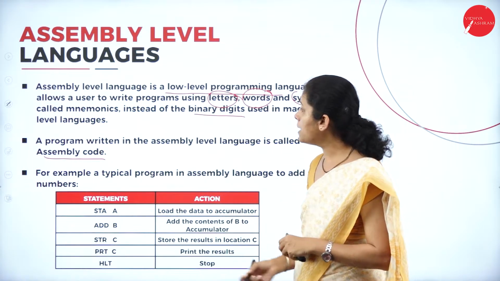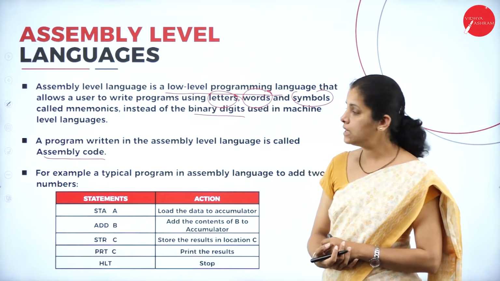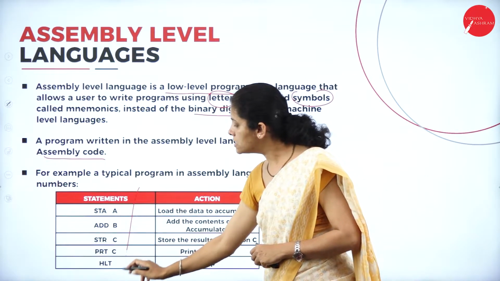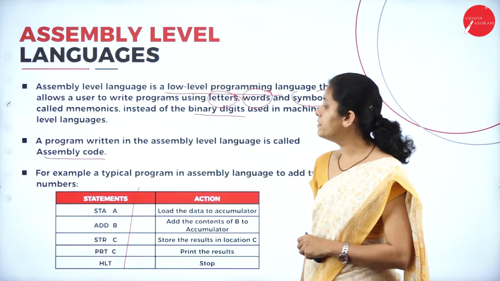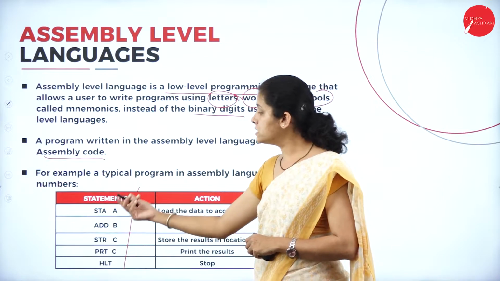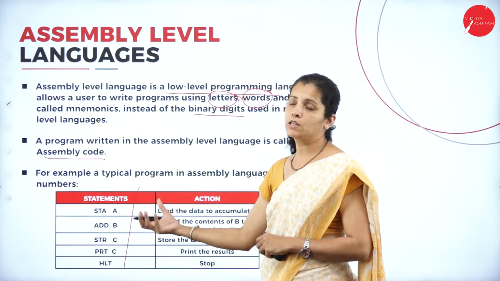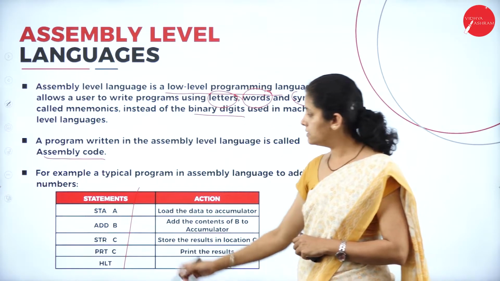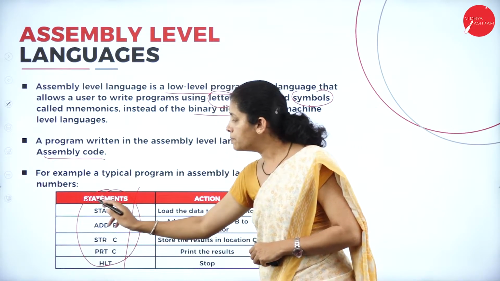Now, this is an example of assembly level language. All the statements are examples of assembly level language. Here I have symbols, letters as well as words, and this is known as mnemonics.